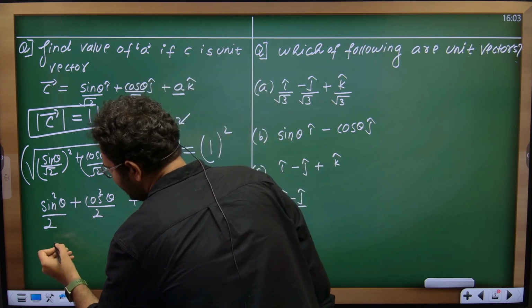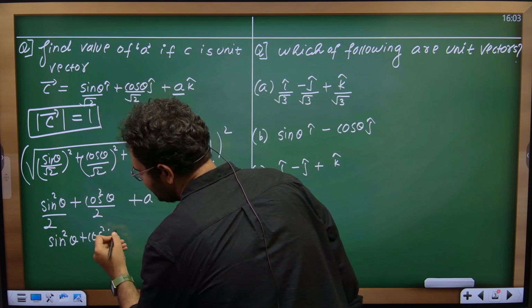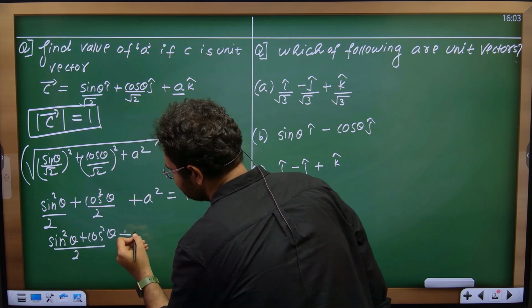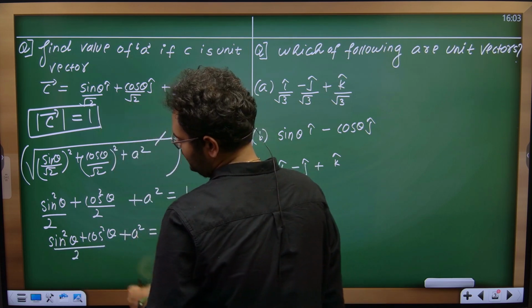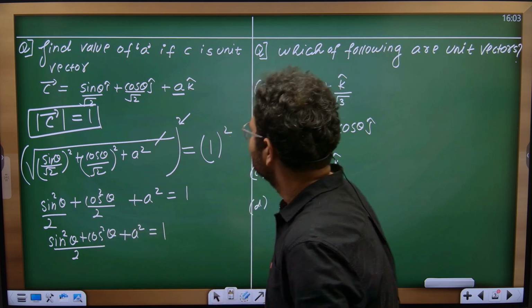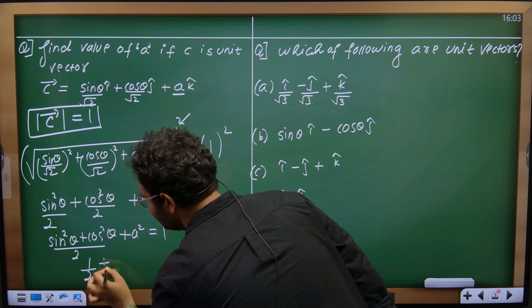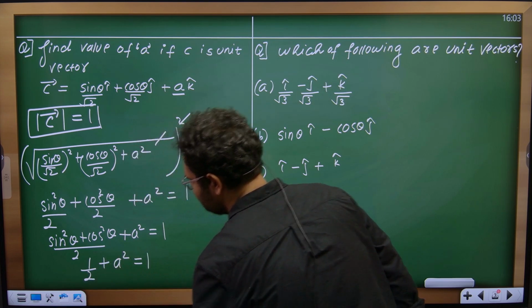Now I can directly write sin square theta plus cos square theta divided by 2, plus a square is equal to 1. The denominator is the same, I can directly add. What is sin square theta plus cos square theta? It is 1. So here we can write 1 by 2 plus a square is equal to 1.